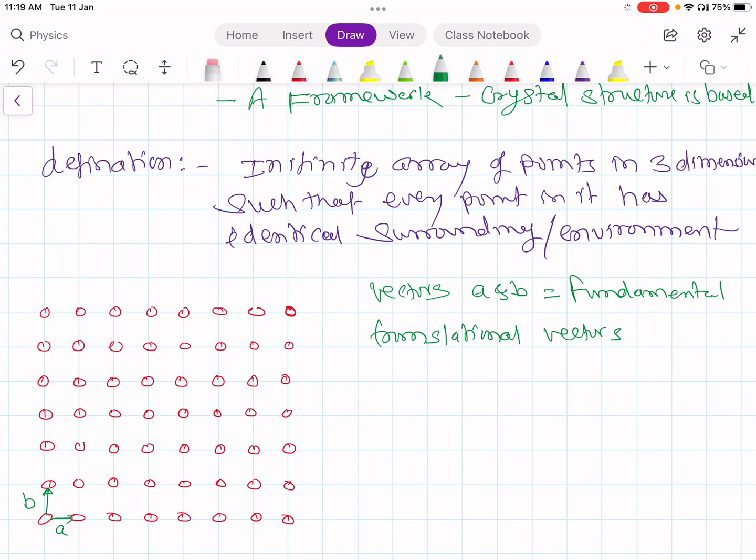Now this is a space lattice only if each and every point has identical surroundings.